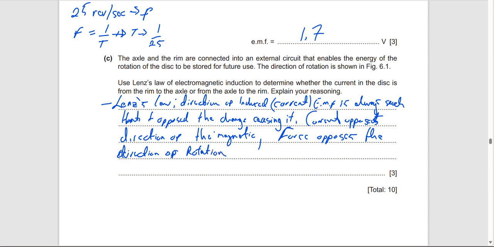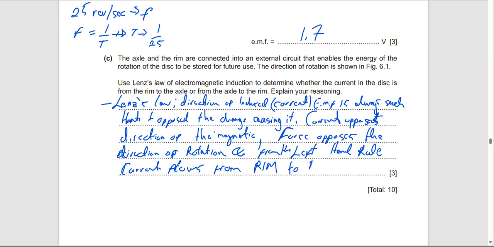Remember, this is just Lenz's law, right? And from the left hand rule, current flows from rim to axle.